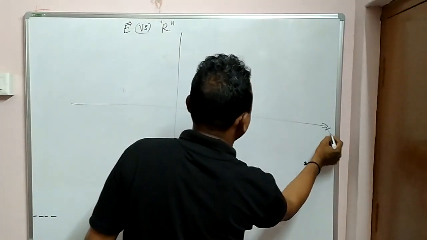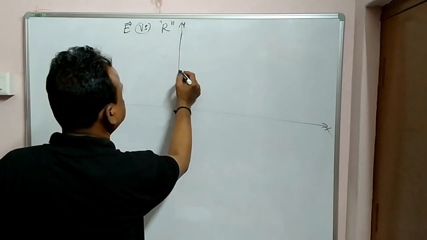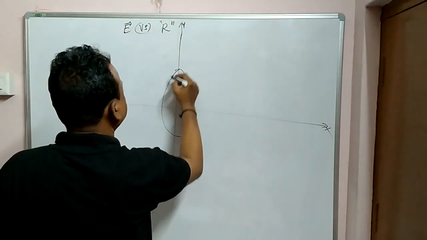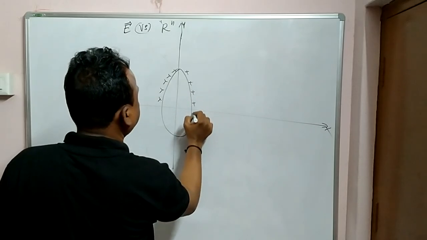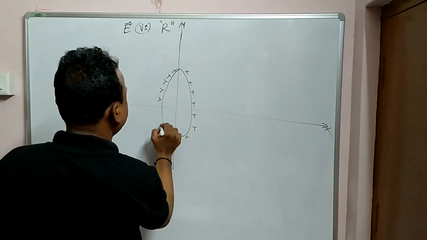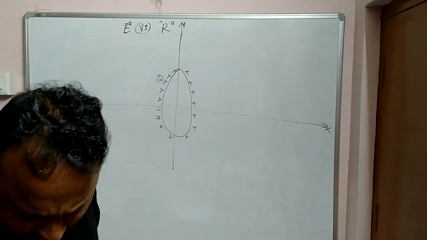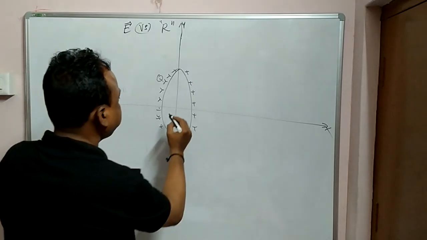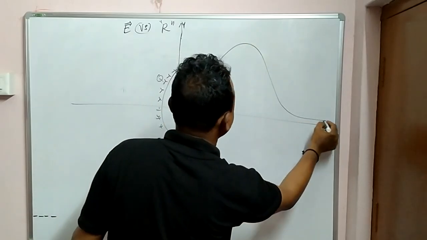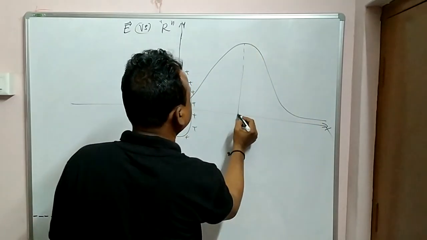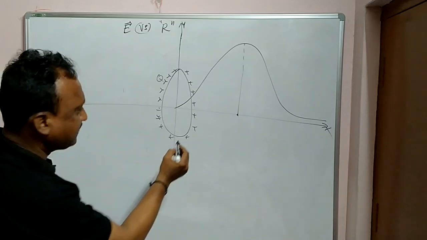This is the graph, y-axis, x-axis. This is a positive charge uniformly distributed ring. Charge is distributed like that. Now, if you draw a graph, one is the positive side, another is the negative side.